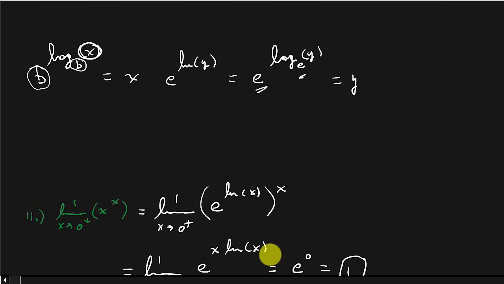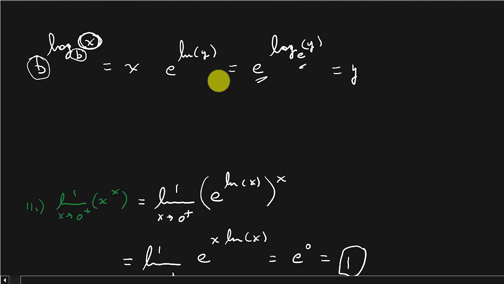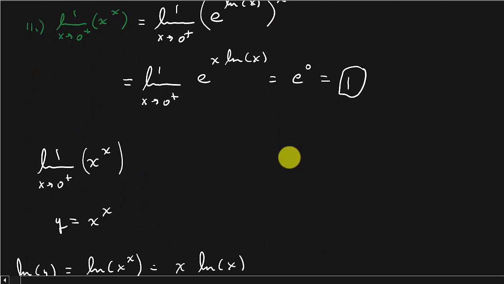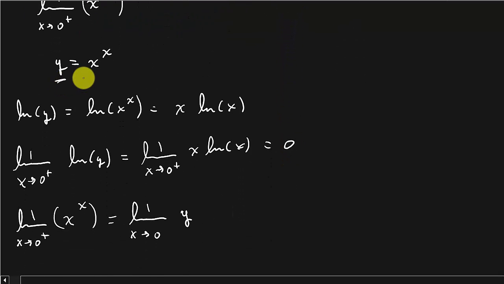I'm doing it just like I did this problem here, taking the limit of our problem, substituting it for y. I let y equal this, and so I changed this to y.